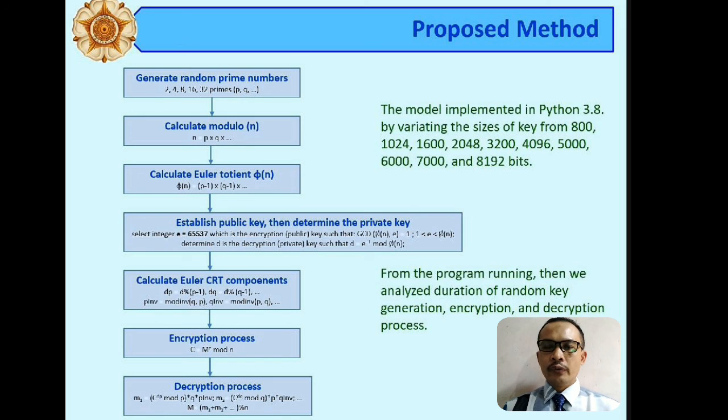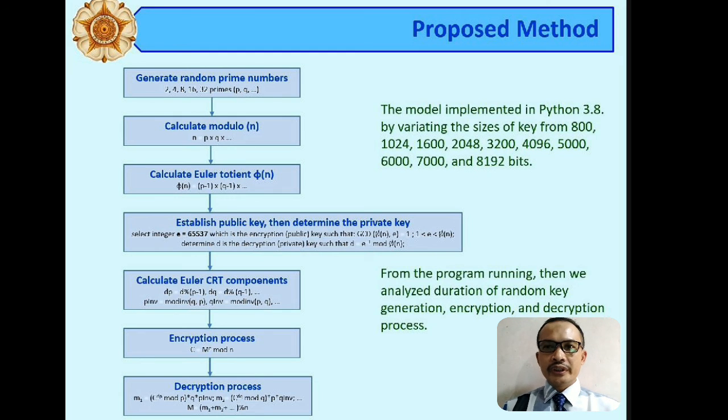And then from the prime numbers, we calculate the modulo number as a result of multiplication of each generated prime number. After that, we calculate Euler's totient that we use to find a co-prime number of our modulo in the improved RSA algorithm.